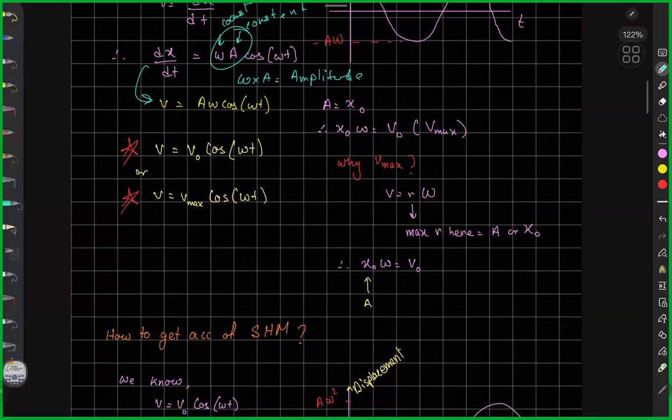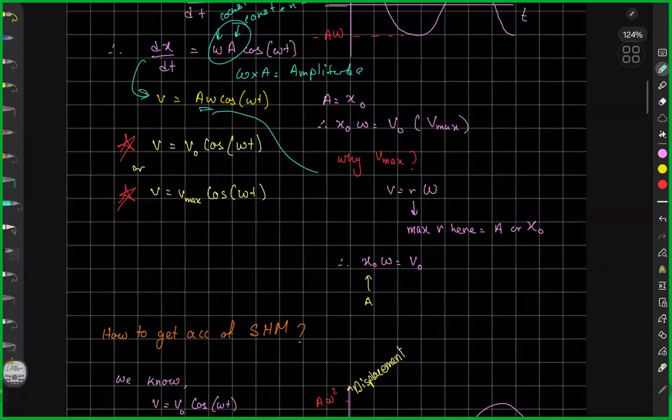Now, this also makes sense in some other way. If you remember from circular motion, you remember this equation? Yes or no? V is equal to R omega. Yes, you do. So look at this.